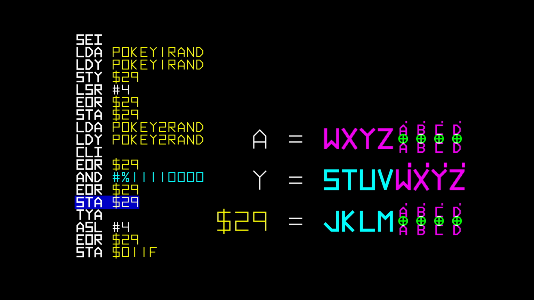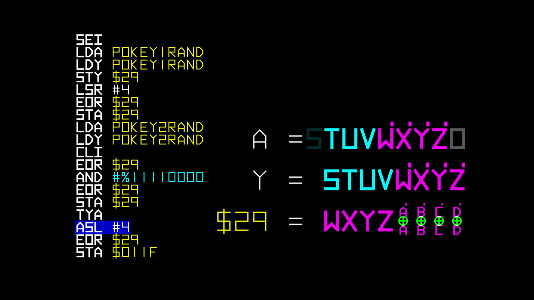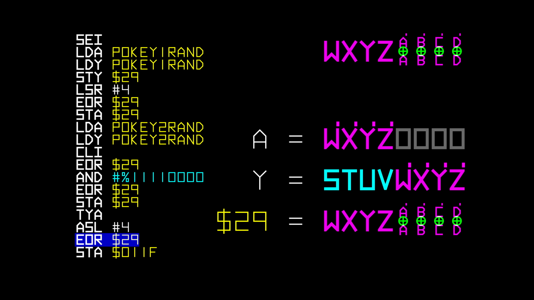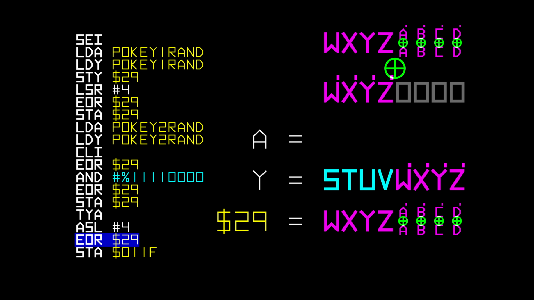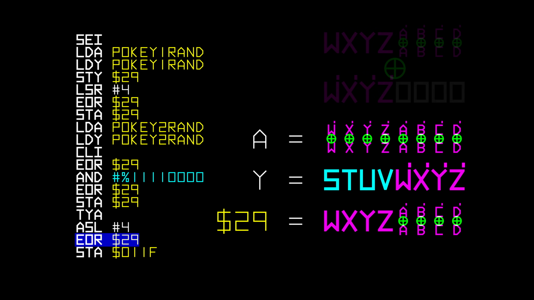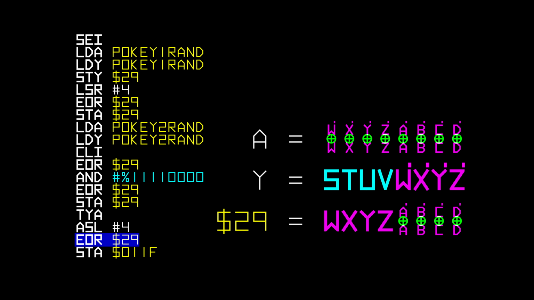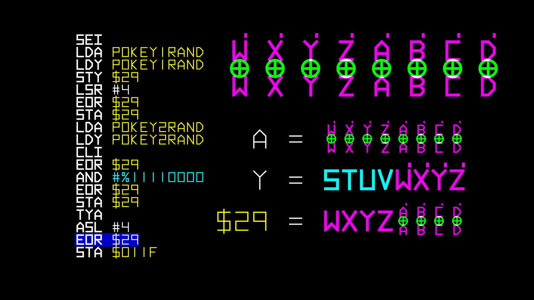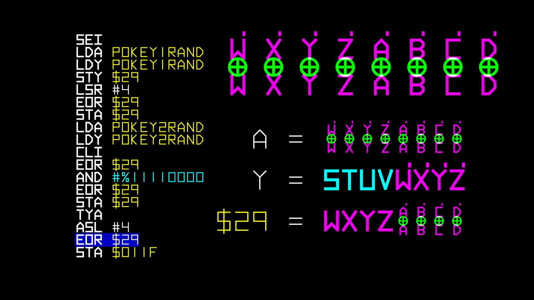This now gets stored to memory, and then we transfer the byte in Y to A so we can shift it to the left 4 times. This lines up the W prime, X prime, Y prime, Z prime to the upper 4 bits, and then one more exclusive OR operation merges everything together. This was a lot of delicate bit manipulation, but the end result is a single byte where our RNG number bits, WXYZ ABCD, are XORed with W prime, X prime, Y prime, Z prime, A prime, B prime, C prime, D prime.